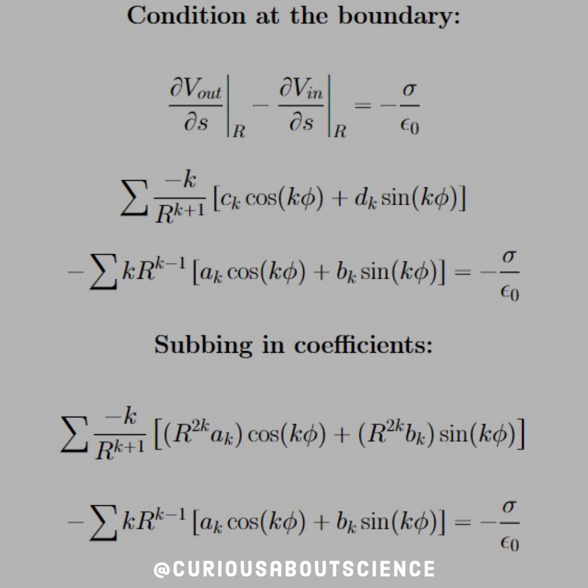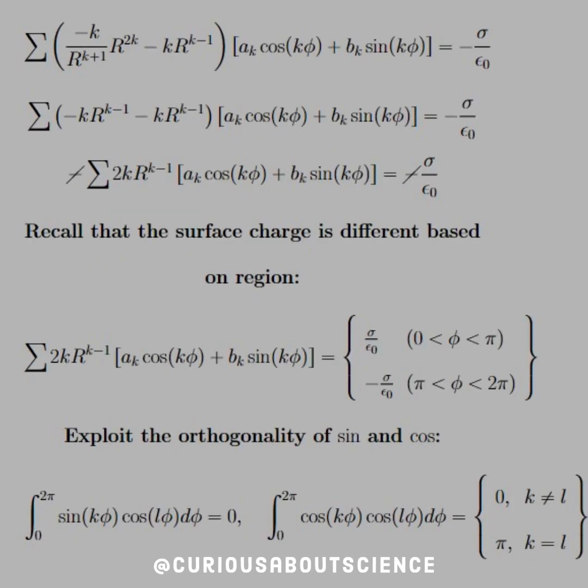Subbing in the coefficient relations that we just found on the previous page, we can add them together and simplify. After we subbed in C_k and D_k as a product of A_k and B_k, now we can factor out the R's and the k's and get them next to the summation.